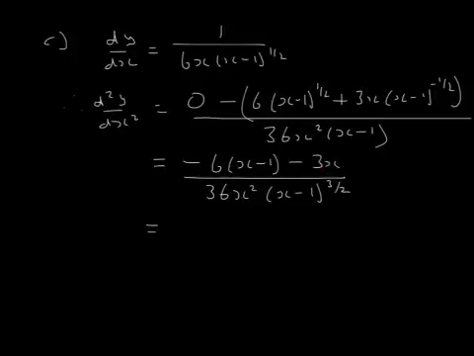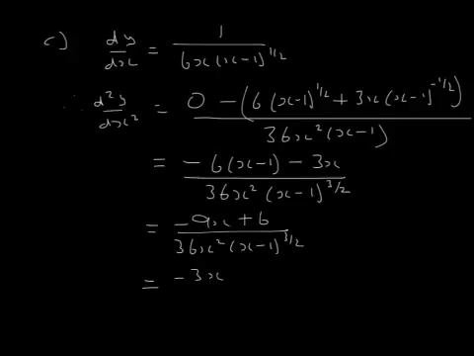Minus 6x minus 3x is minus 9x. And we've got minus 6 times minus 1, which is plus 6. All over 36x squared times x minus 1 to the 3 halves. And then let's divide top and bottom by 3, so it's minus 3x plus 2 over 12x squared times x minus 1 to the 3 halves.